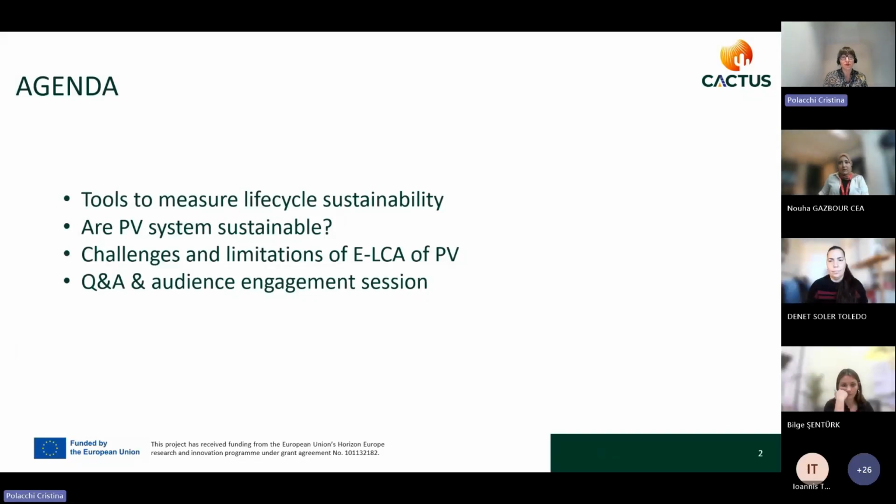And then we will try to answer the question, are PV systems sustainable? And then talk about challenges and limitations that can arise when doing an environmental LCA of PV systems.